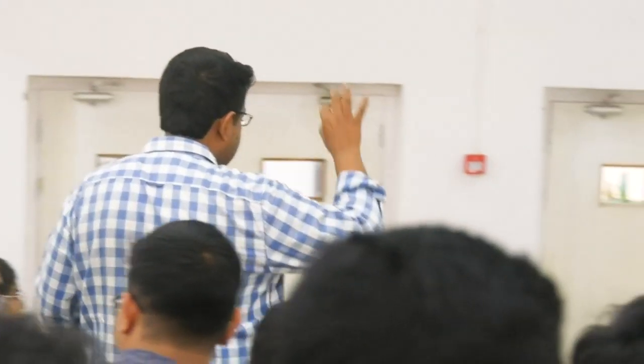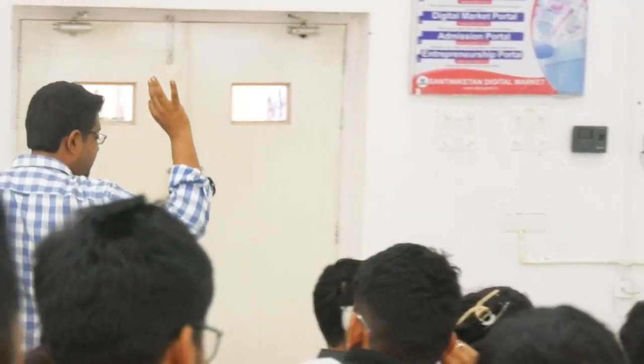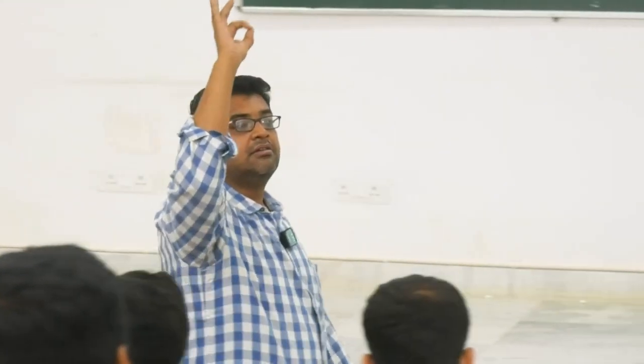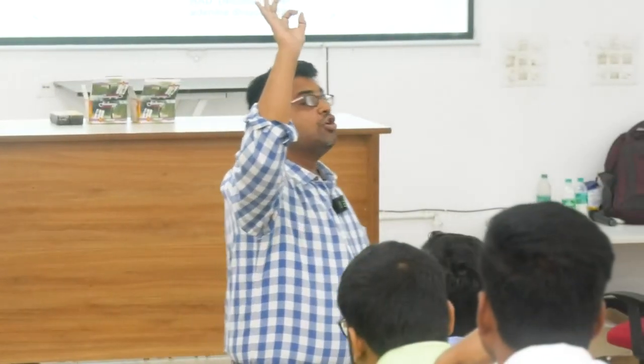Pay attention, we are only 50% done, much is left. So the precursors of tyrosine, once again, tell me quick. Tryptophan, no, I am talking about tyrosine, come on. Dopamine, norepinephrine, epinephrine, thyroxine, pheomelanin, eumelanin. What do we get from tryptophan?